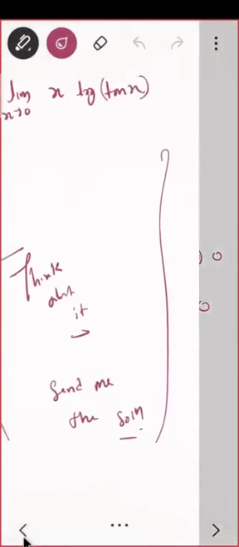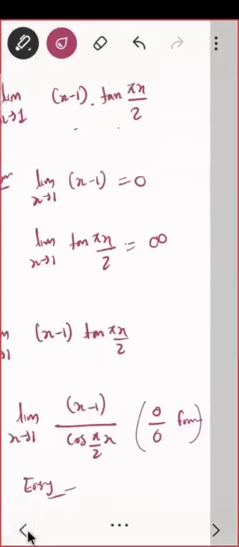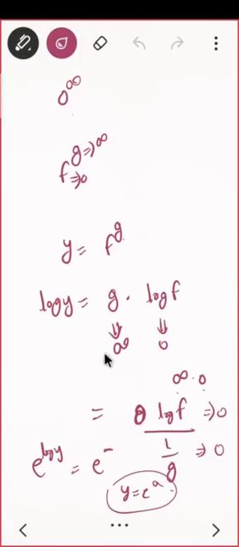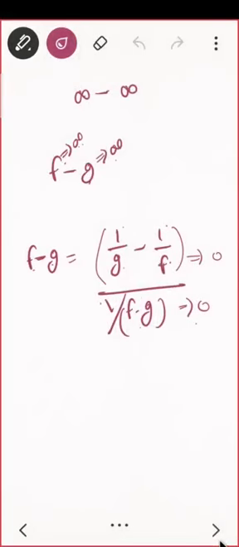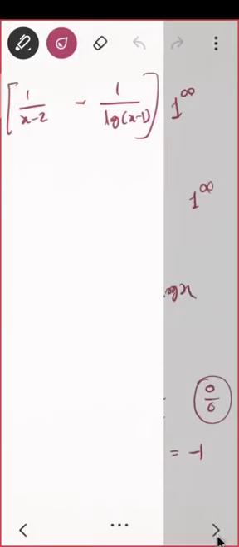Yeah, log of 10x, again the same thing. This is also 0 into infinity actually, which I already told you. I was doing the 0 into infinity form here. So that's why I gave this problem. Try to see the graph of log x first and then analyze what you are doing.